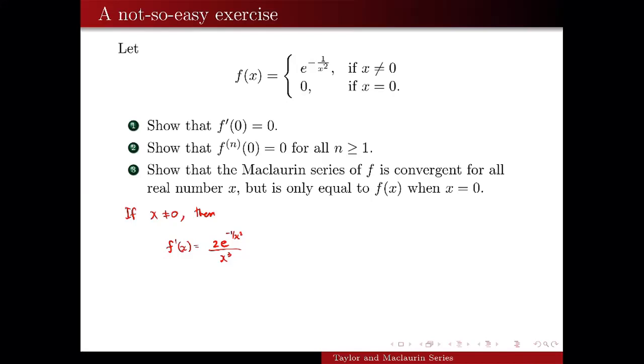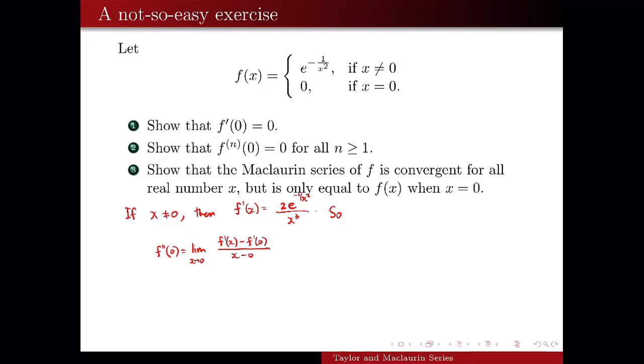And then, what do we have? So let me put it here to get some space. So, f double prime at 0, this is the limit as x approaches 0 again of f prime of x minus f prime of 0 over x minus 0.